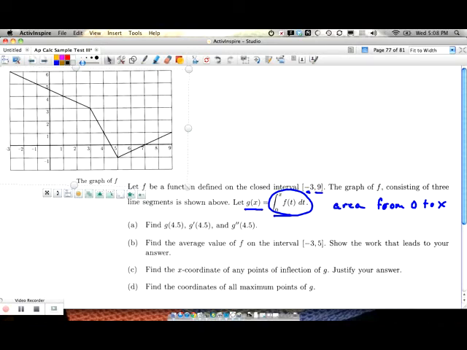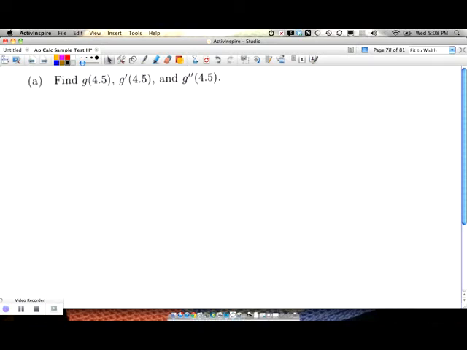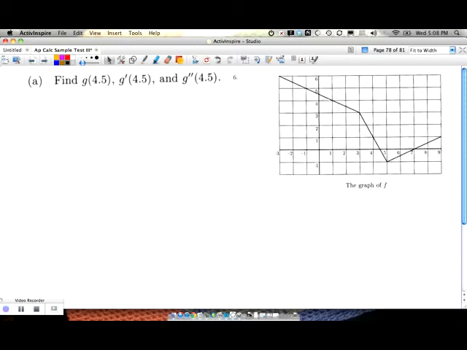So if it says find g of 4.5, g of 4.5 is going to be the area from 0 to 4.5. Alright, so the area from 0 to 4.5, if I look at this area here, so I got this and this, and then we're going all the way to here.